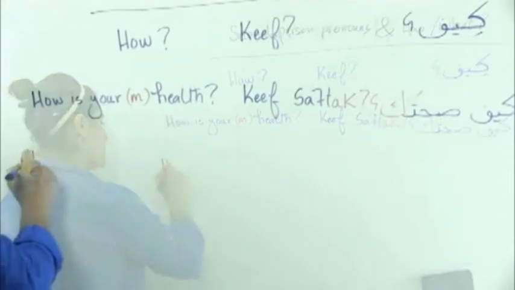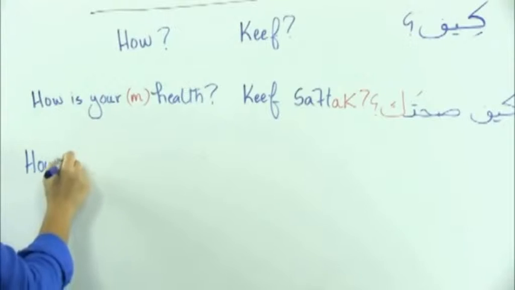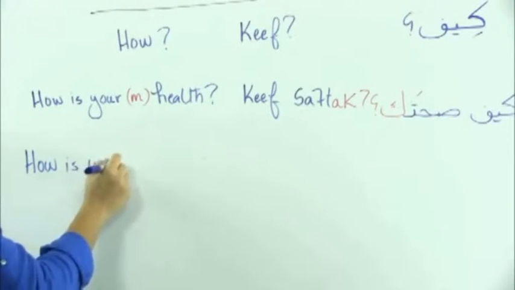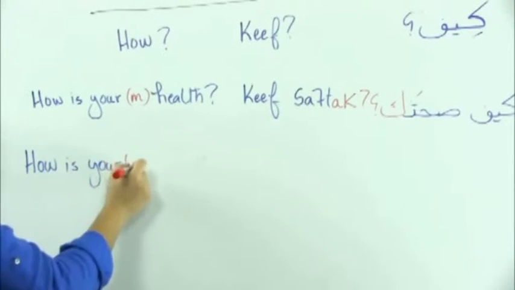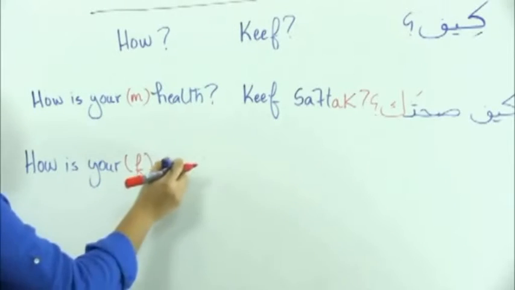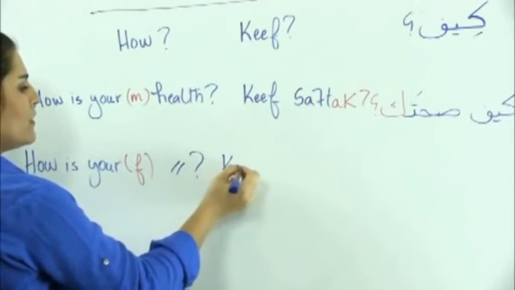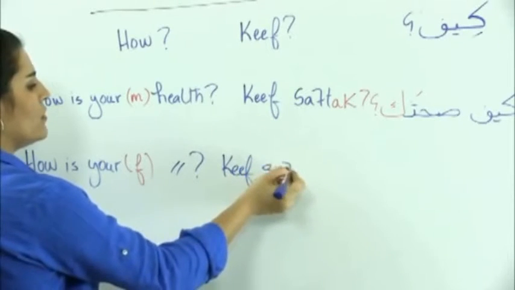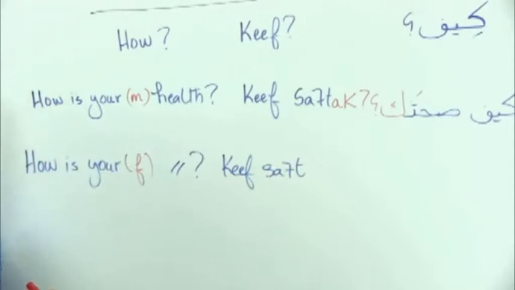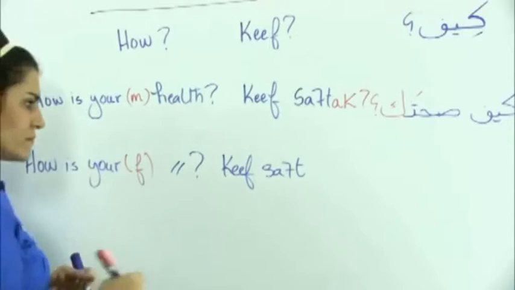I'm talking to a man, and then to a woman: how is your, and then of course feminine, health as well. So I say كيف, and I guess now you should start getting the hints from before.